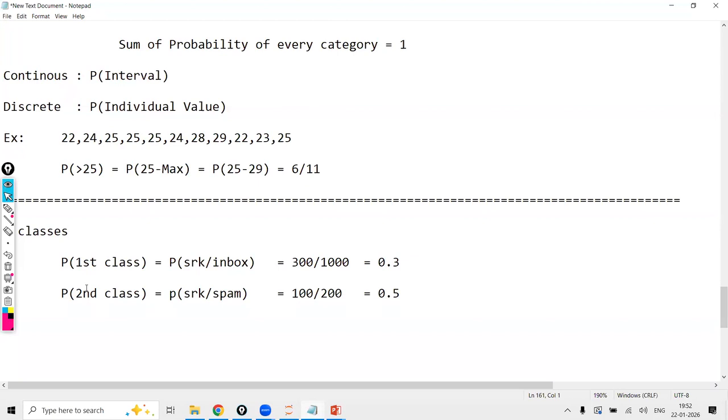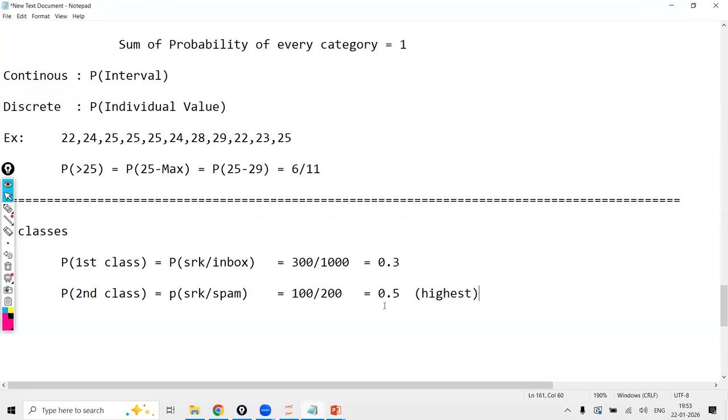Two classes means two, three classes means three. After calculating individually, whichever is highest, that is the class it belongs to. Bayes theorem simply says this.